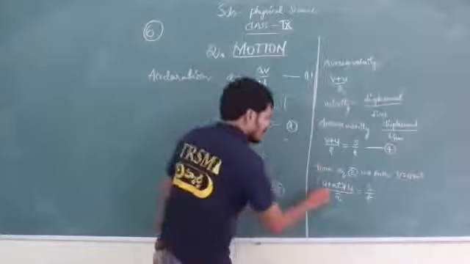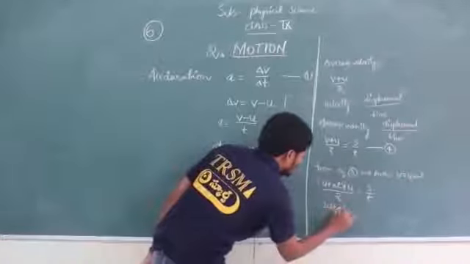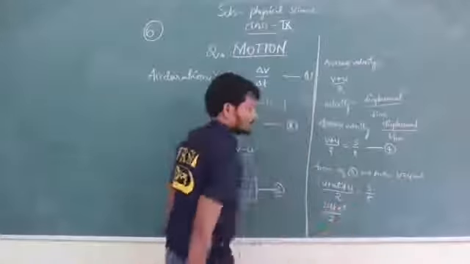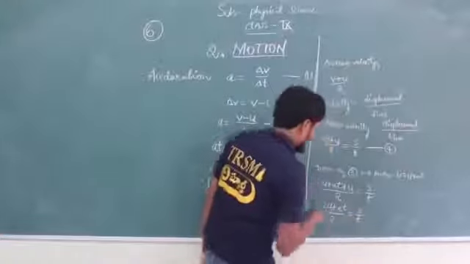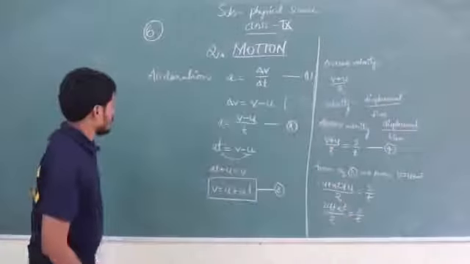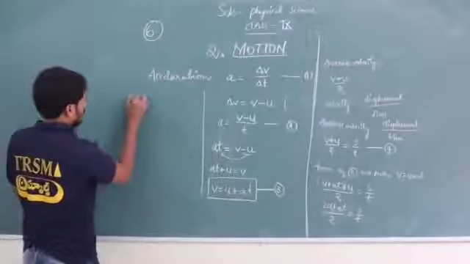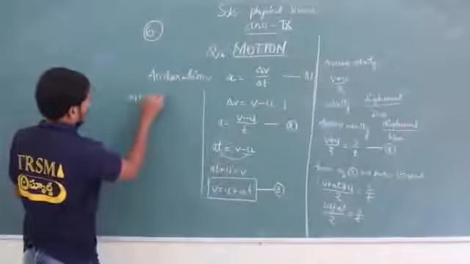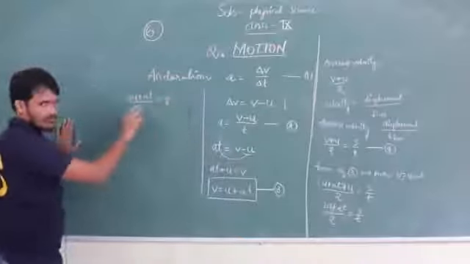So u plus u is 2u, plus at, by 2, that is equal to s by t. That equation I have written once again here.